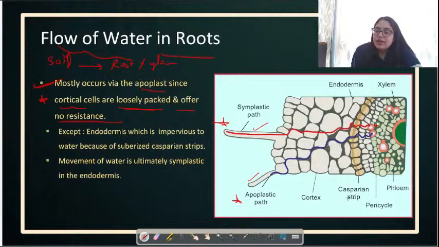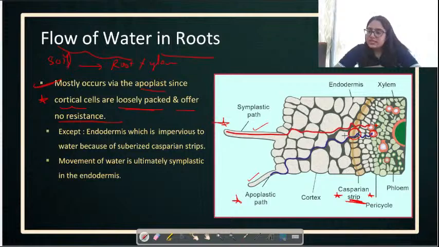And finally, when it comes to the cells of the endodermal layer, it is forced to leave the apoplast pathway and converts its apoplastic pathway into the symplastic one in order to reach the root xylem. So this is all I wanted to explain on this slide. I hope students, each and every line is clear to all of you.